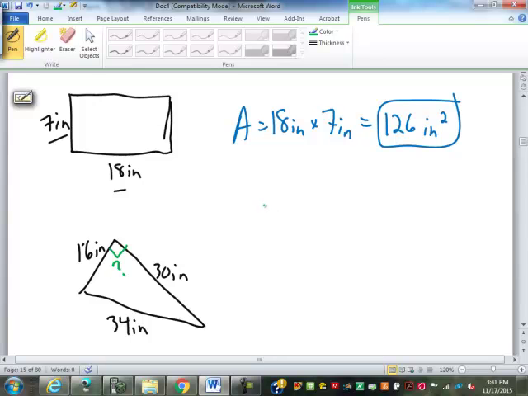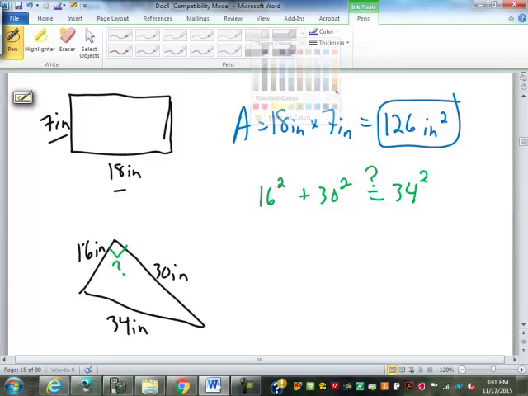So let's check. How would we check to see if this is a right triangle? You got 16 squared plus 30 squared. Does that equal 34 squared? So 16 squared is 256. 30 squared is 900.